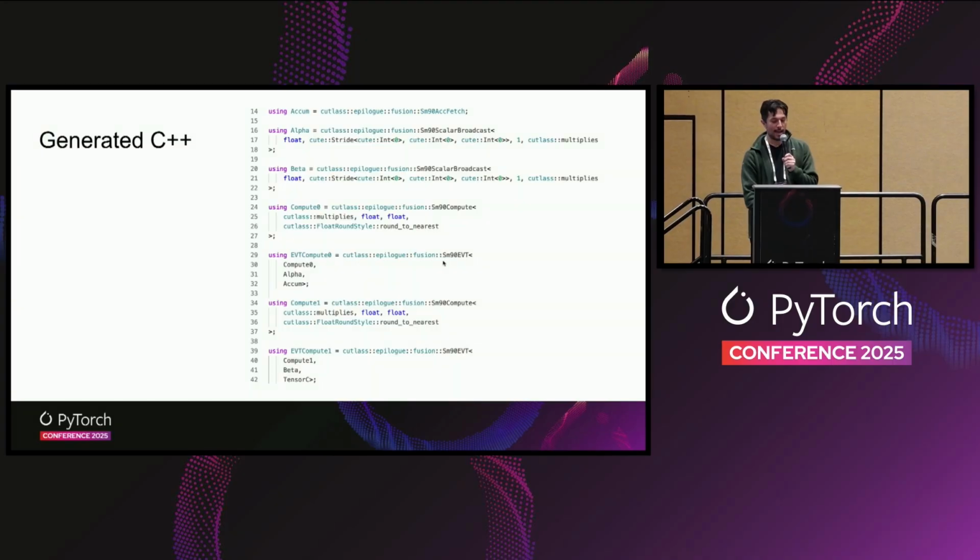And this is an actual node in the tree where it's applying the multiply to the alpha and the accumulator. Similarly down here, it's also applying a multiply to the beta and tensor C. This isn't the whole code because it's actually too big to fit on the slide, but as you can imagine, you wouldn't want to write all this by hand, as the tree is pretty large. In essence, you're embedding the tree structure in the C++ type system.